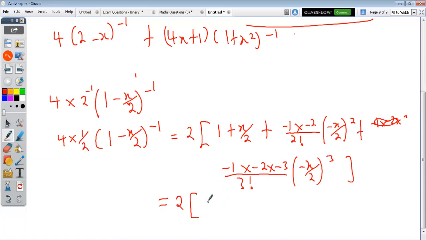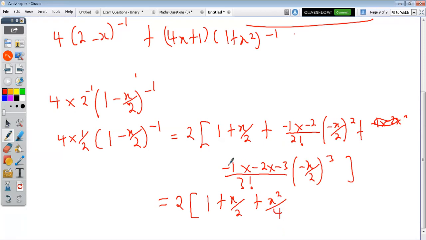Let's simplify things. 1 plus x over 2. Simplify this. 2 times that is simply 2, divided by 2 factorial. I think you get 1 here. Just check in your calculator. Because 2 factorial simply means 2 times 1. So if you get 1 here, then this squared here becomes a positive. So plus x squared over 4. Maybe?